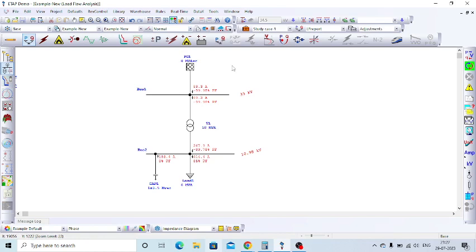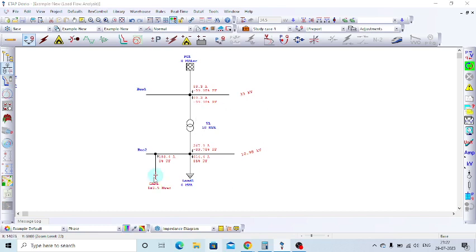Earlier it was a lagging power factor, so a positive symbol we generally consider as a lagging power factor. Earlier it was 99.97 lagging power factor. Now it is a leading power factor, so some amount of reactive power is flowing back to the grid.